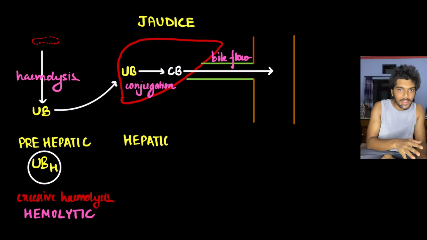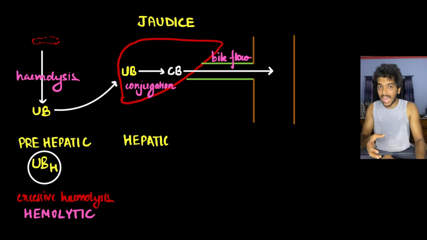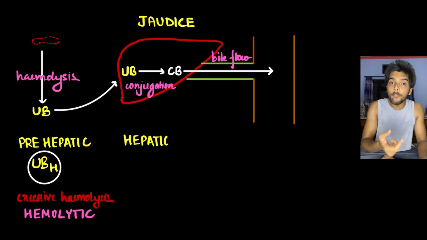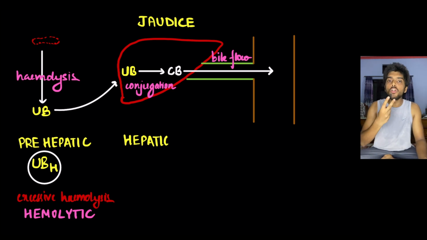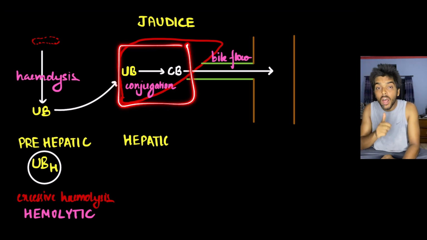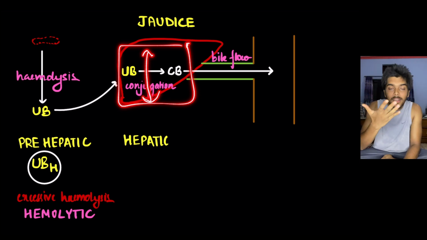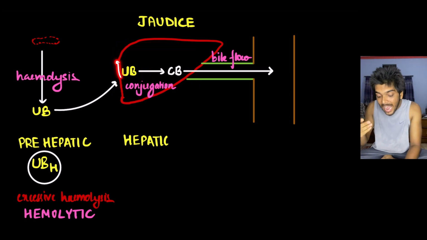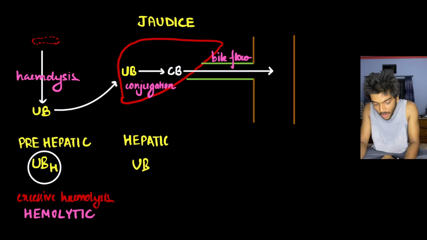Be it hepatitis or liver cirrhosis, at the end of the day, there is hepatocellular injury. And when there is hepatocellular injury, two things happen. Number one, the cell of the liver loses its function. As a result, conjugation does not happen, resulting in elevated level of unconjugated bilirubin, resulting in unconjugated hyperbilirubinemia.